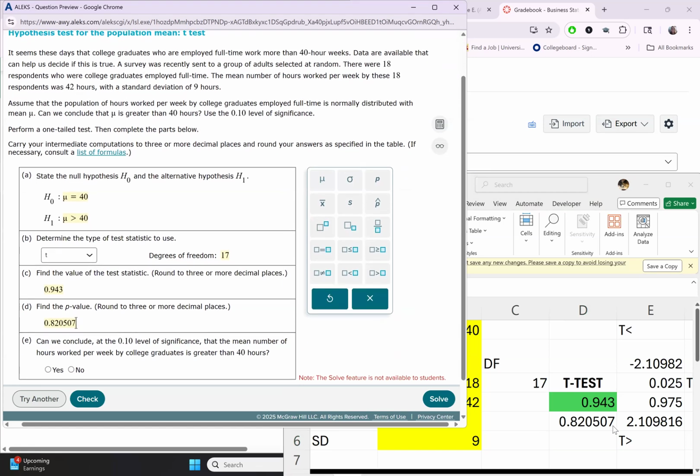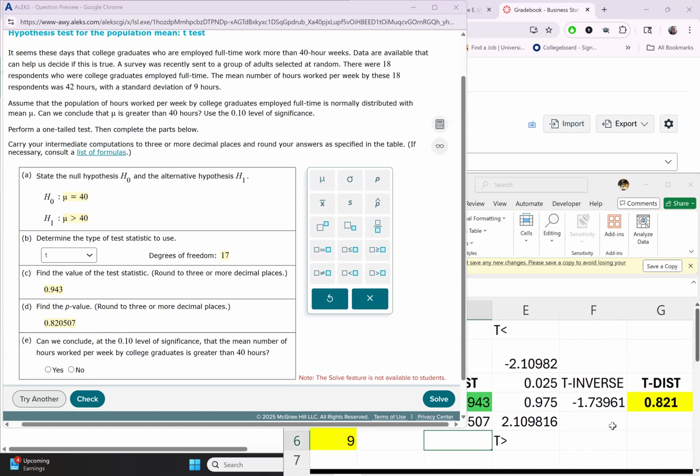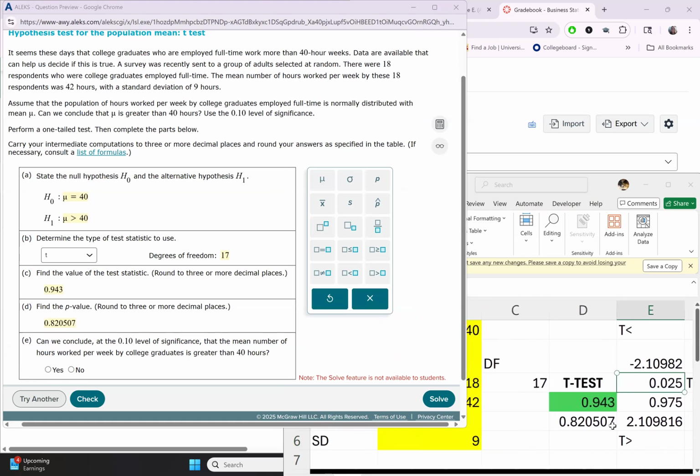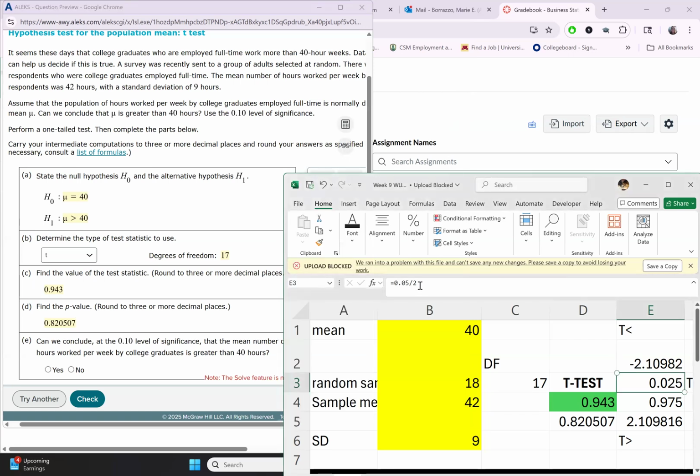And now, can we conclude at the 0.10 significance level? So first of all, 0.10 means this number has to change. So let's see what this number is right now. This is 0.05.